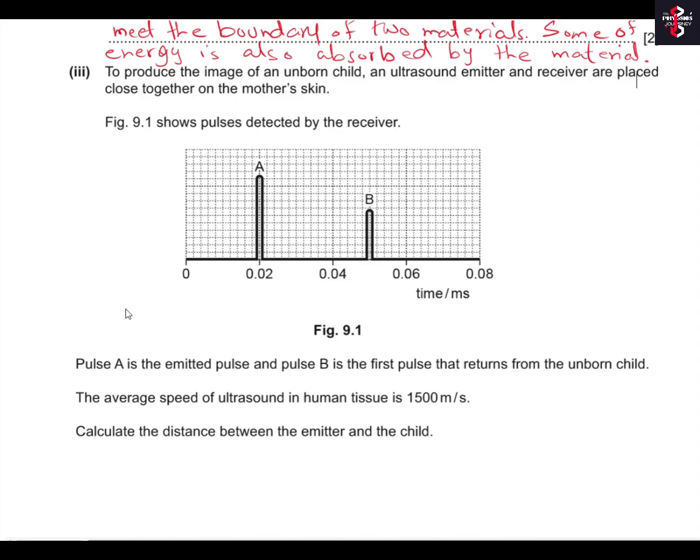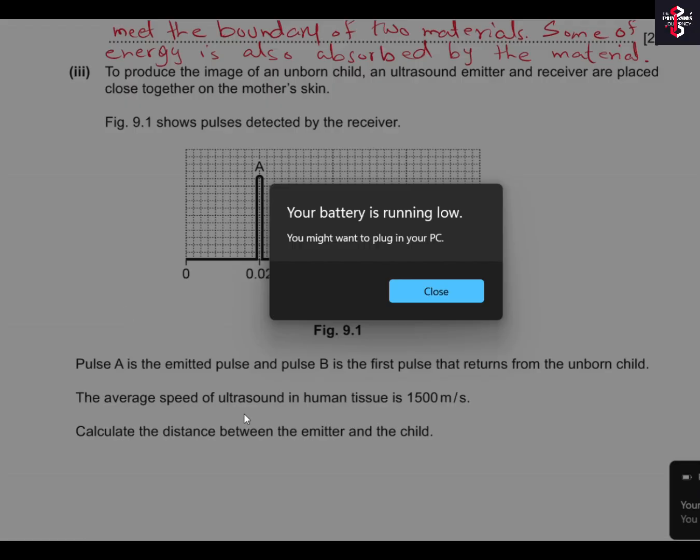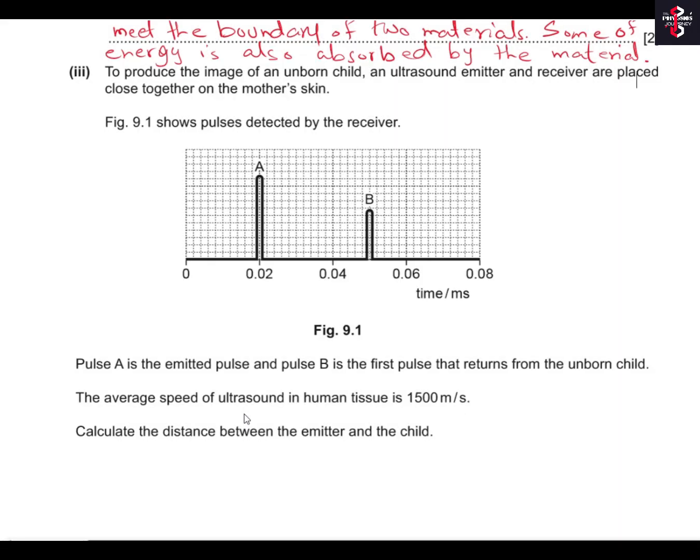Now, to produce the image of an unborn child, an ultrasound emitter and receiver are placed close together to the mother's skin. Here we are given the diagram showing the pulses detected by the receiver.